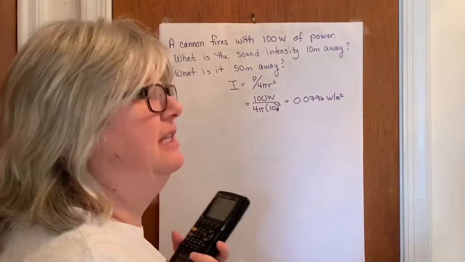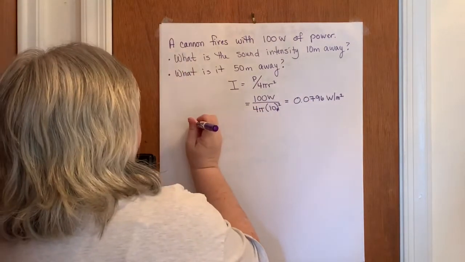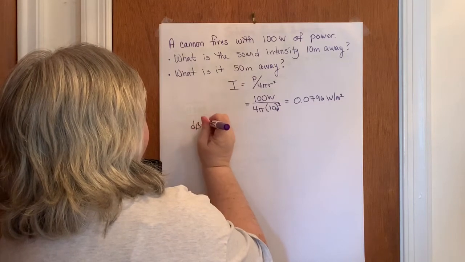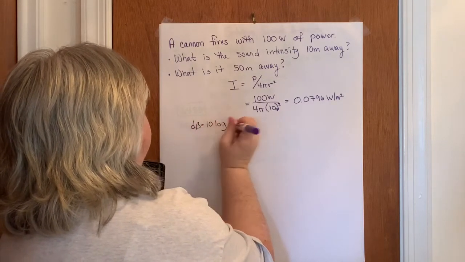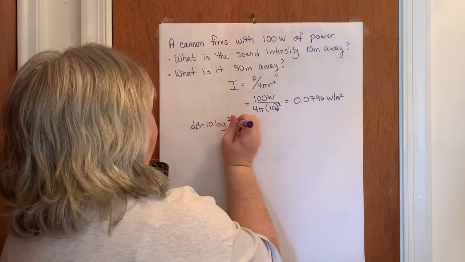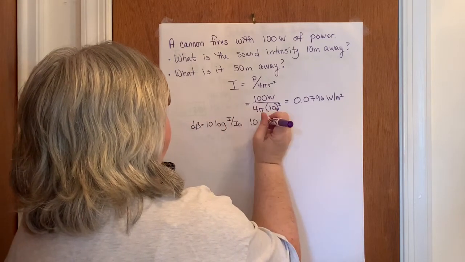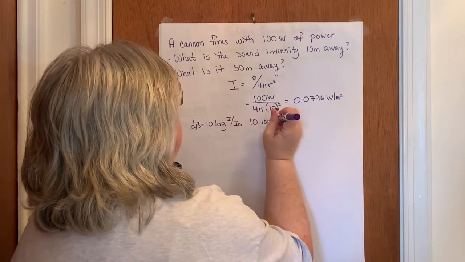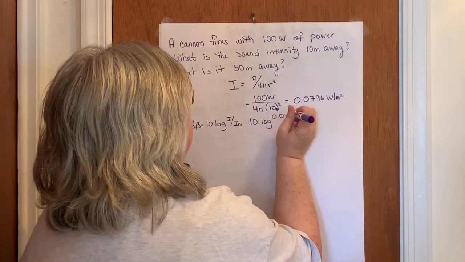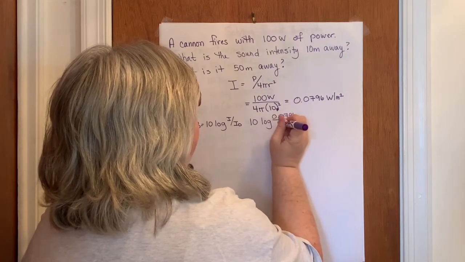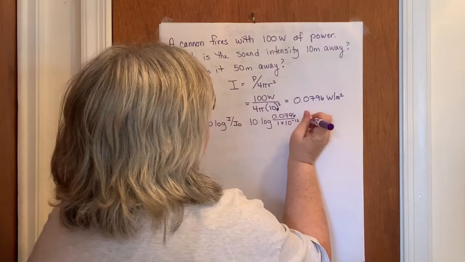So actually, let's do a quick conversion. What is that in decibels? 10 log I over I0. So 10 log of 0.0796 divided by 1 times 10 to the negative 12.